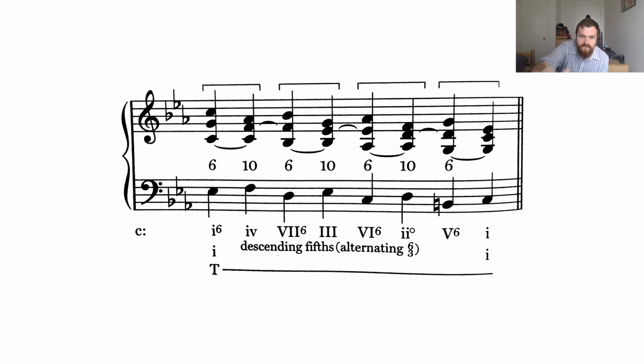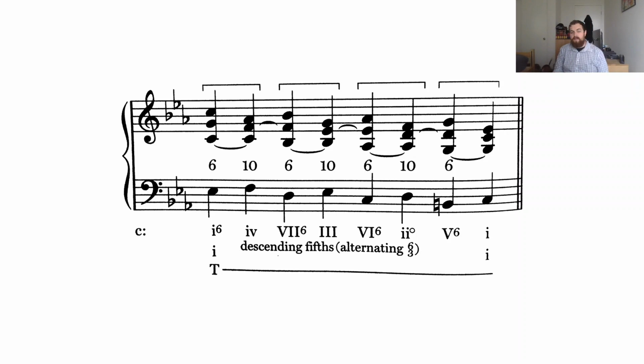Okay, so here's an example of a sequence that is a minor sequence that does in fact have our minor 7 there. So we've got a descending fifth sequence, where every other chord is a first inversion chord. So we start off, instead of with a 1 chord, we start off with a 1/6.